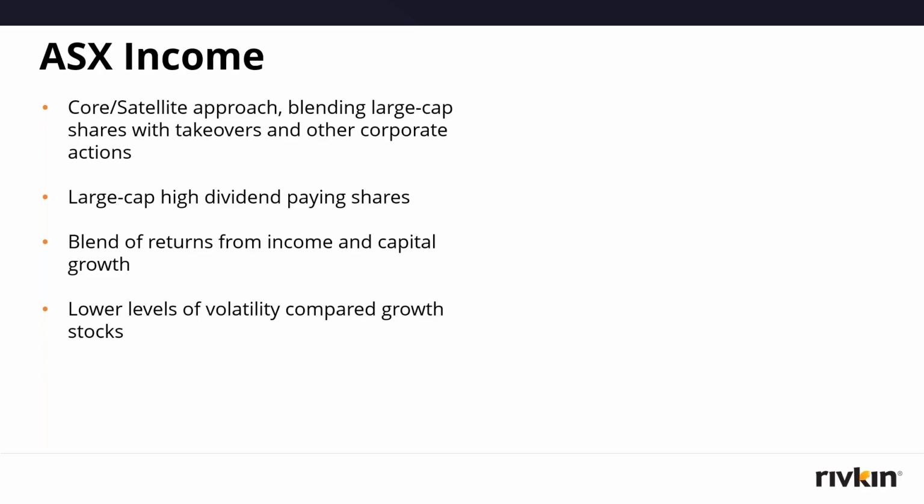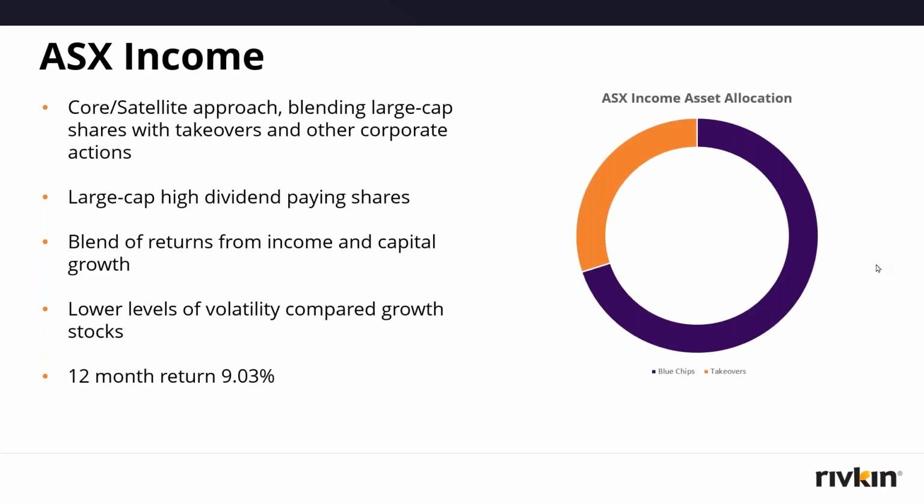Because we're investing in those highly liquid, large cap blue chip stocks, they tend to exhibit a lower level of volatility compared with some of the smaller, more growth-orientated stocks. And over the last 12 months, that's generated a return slightly above 9%. So based on the blend here of around 70-30 between blue chips and takeovers.